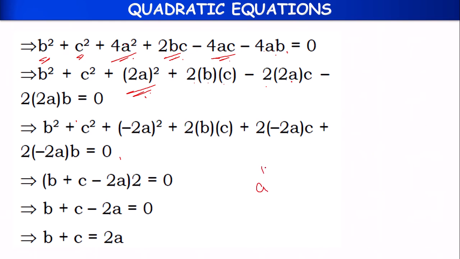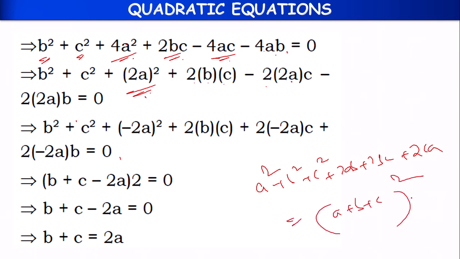Because they are writing in the form of a square plus b square plus c square plus 2ab plus 2bc plus 2ca. So that its formula will be (a plus b plus c) whole square. If we try to write in this form, then we can make use of this formula.